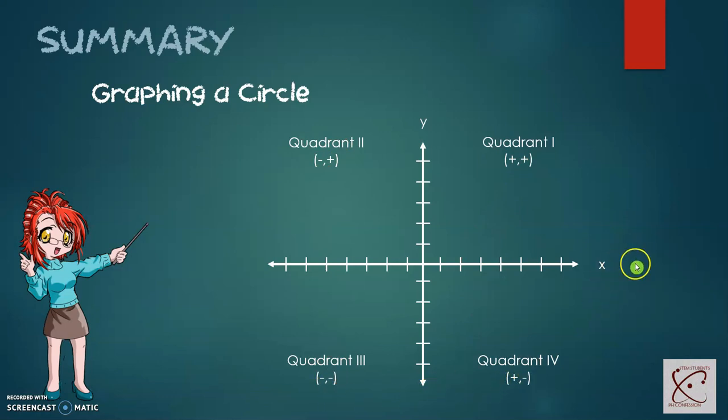So, in graphing a circle, we first plot our center, and then, locate 4 points to the right, left, up, and down. And then, we draw a circle. We just connect these 4 points. So, we now have a graph of the circle.